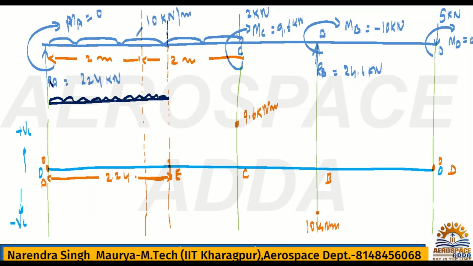Now for this UDL, if you want to write the moment, what will be the total force? Intensity is 10 into the total distance, which is 2.24, so the force will be 10 into 2.24, and it will be acting at half of 2.24.